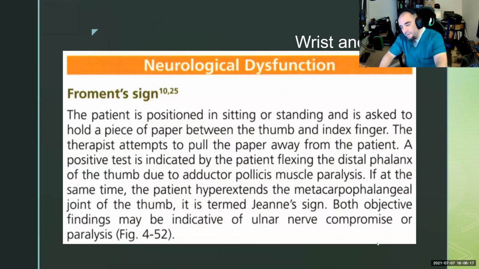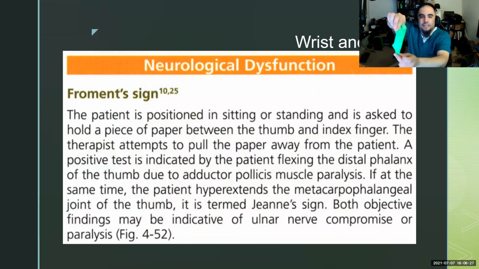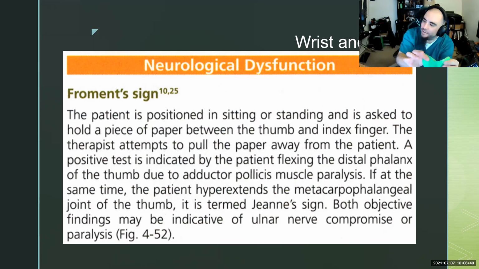Froment's is a fun one. Froment's I talked about briefly already. The patient is asked to take a piece of paper and hold it between the thumb and the index finger, so kind of like this, I'm holding it here. And then once they're holding it there, the therapist pulls it away. Positive test is if I flex that distal phalanx to hold it, when I'm supposed to keep everything nice and straight.